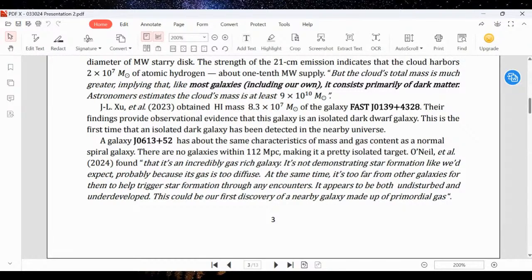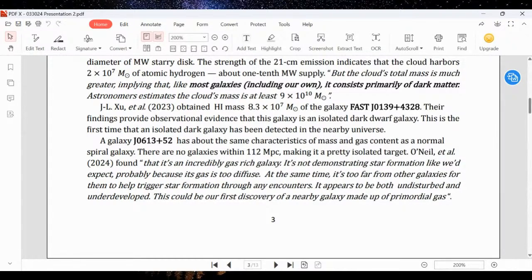The galaxy G0613+52 has about the same characteristics of mass and gas content as a normal spiral galaxy. There are no galaxies within 112 megaparsec, making it a pretty isolated target.